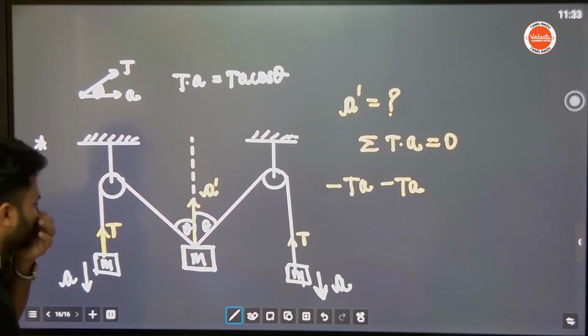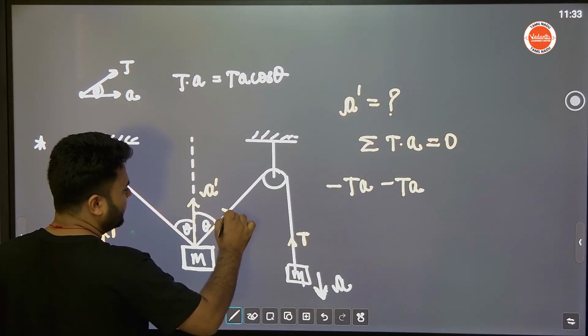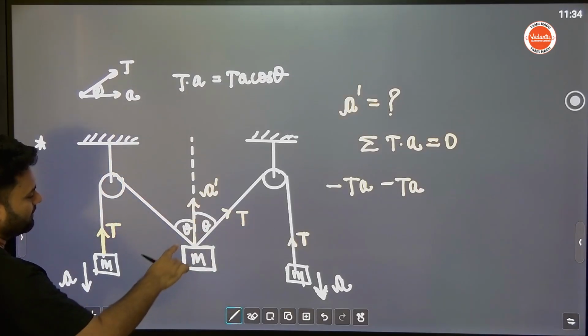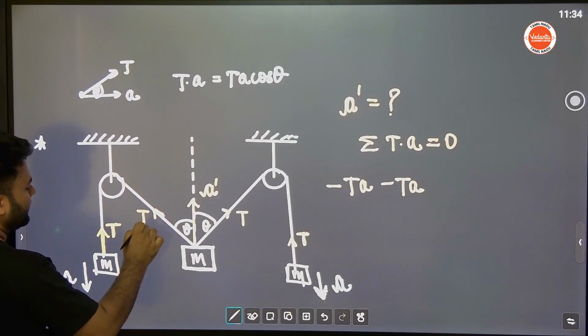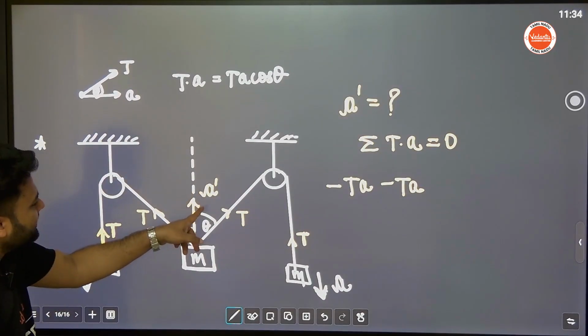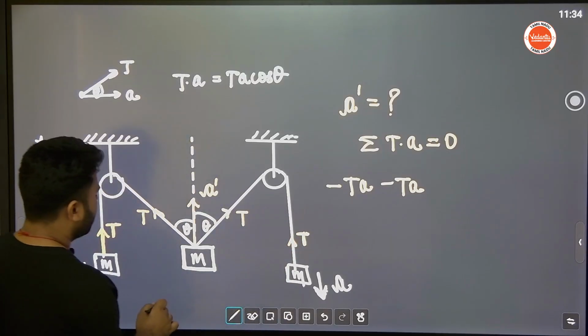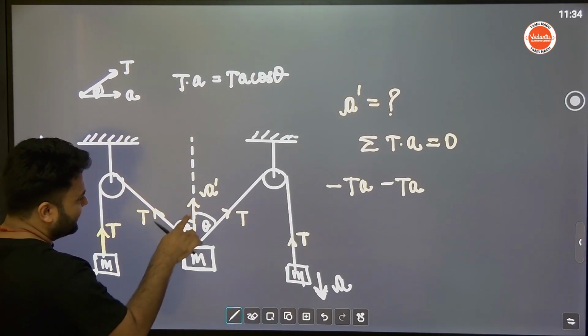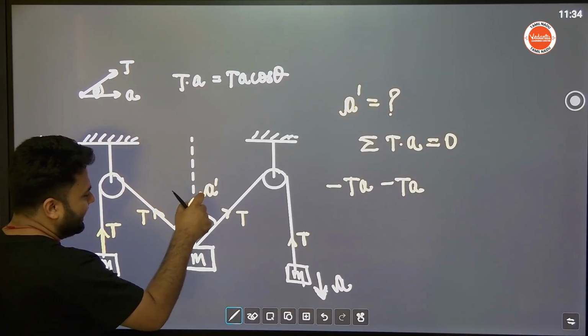For this block, see, tension acts away. So one tension, here I can write T. Similarly, here also tension acts away. This I will write T. And acceleration is up. So T dot A. This is T, this is acceleration, angle between them is theta. So T A dash cos theta.